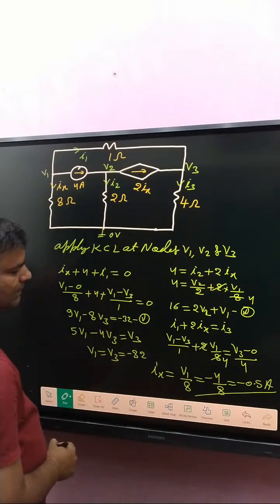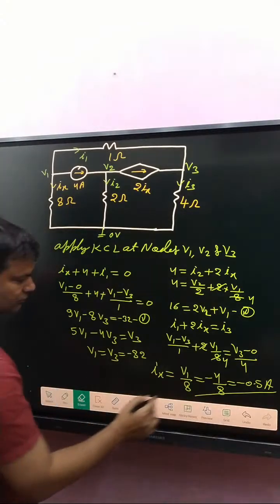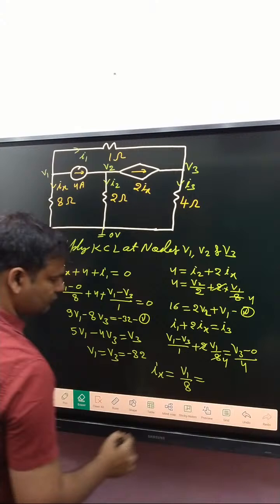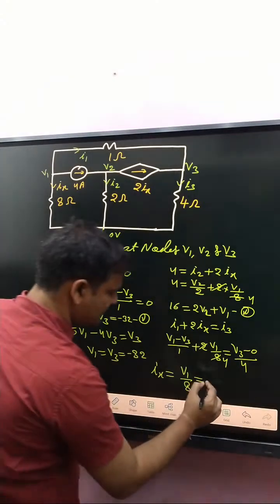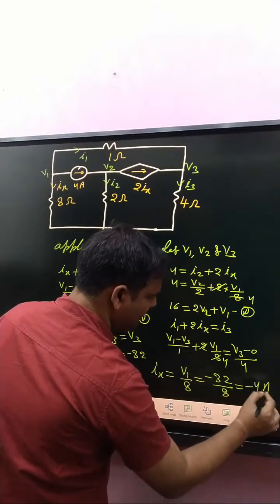Okay. So if that value is put here, minus 32 divided by 8, that is minus 4 ampere is the right answer. Make it.